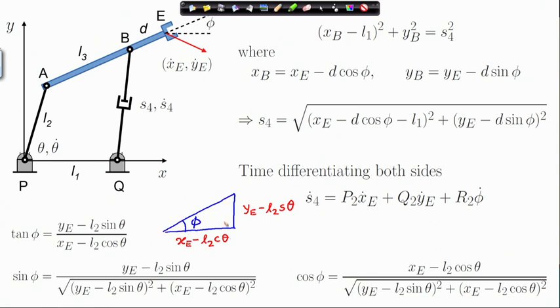So, this hypotenuse of this right angle triangle is nothing but square root of the base square and the height square. So, therefore, you can relate sin phi and cosine phi, which I have written out.